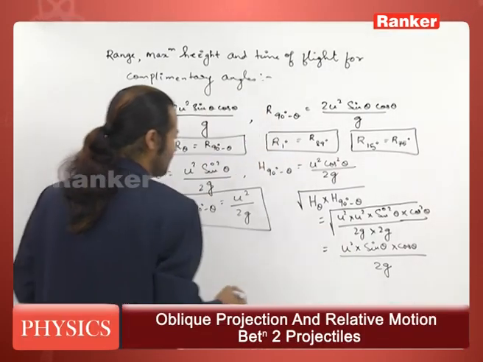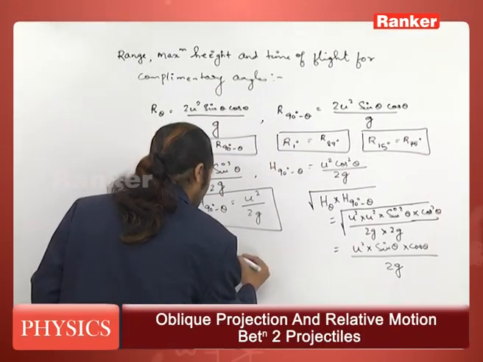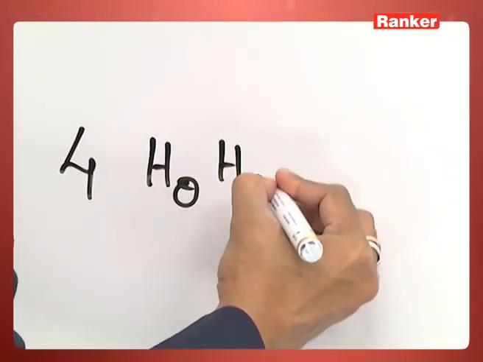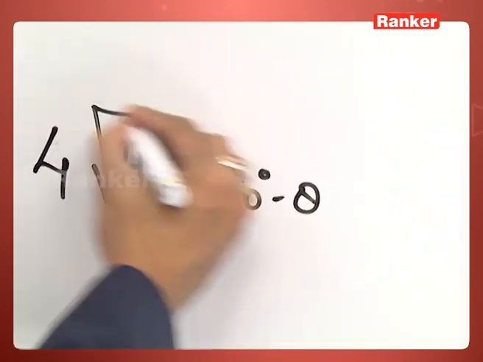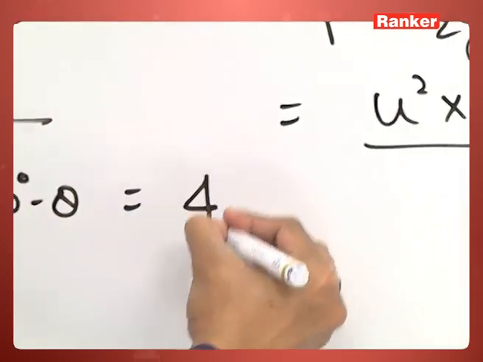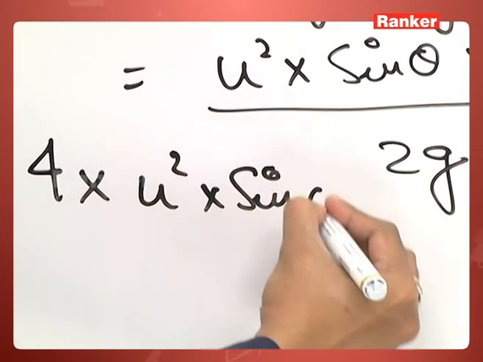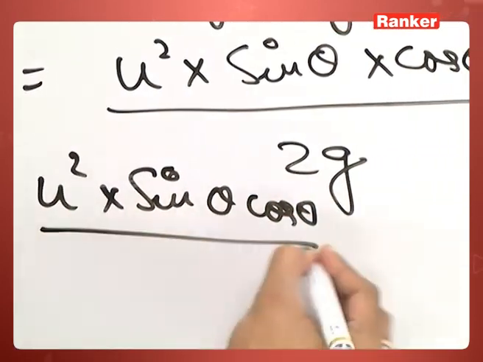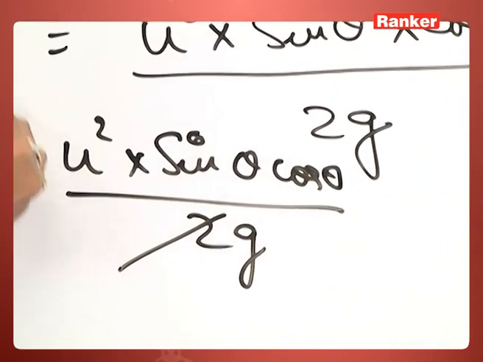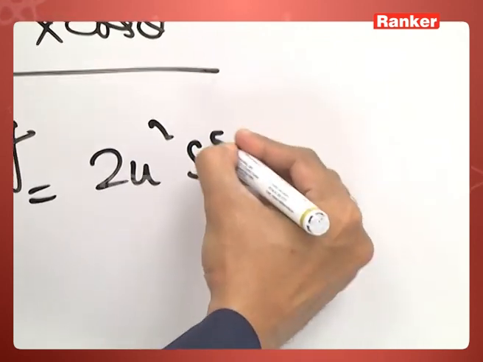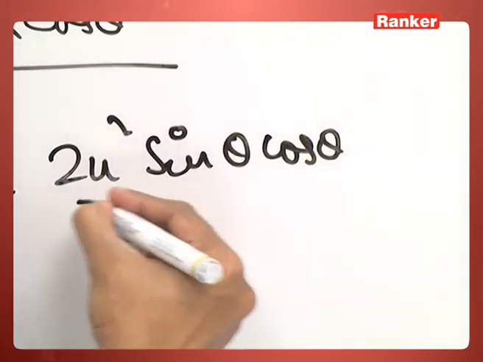If I write it like this, the square root of 4 into h of theta into h of 90 degree minus theta is the square root of 4 into u square into sine theta cos theta divided by 2g. So this becomes 2u square sine theta cos theta by g.